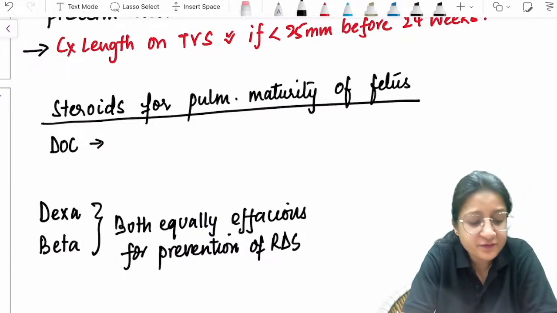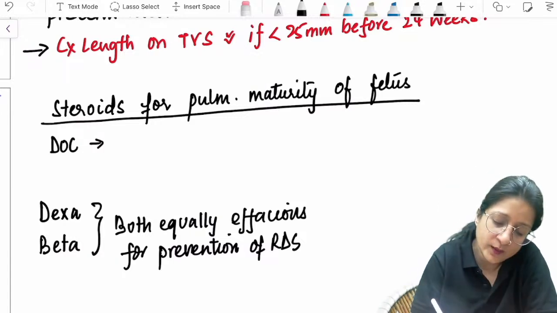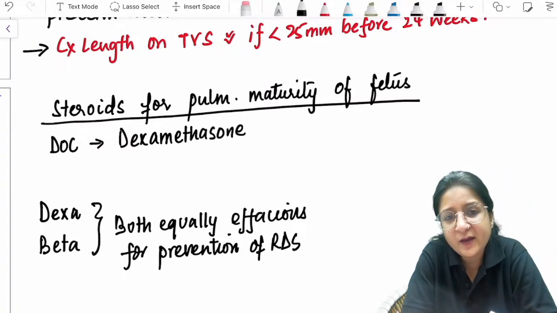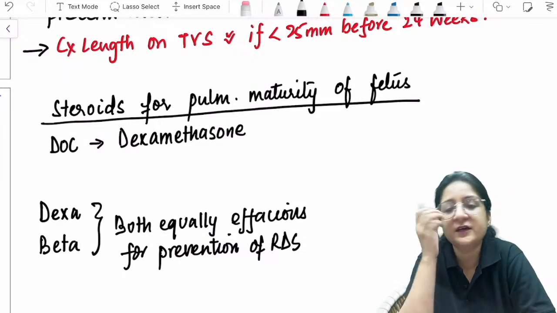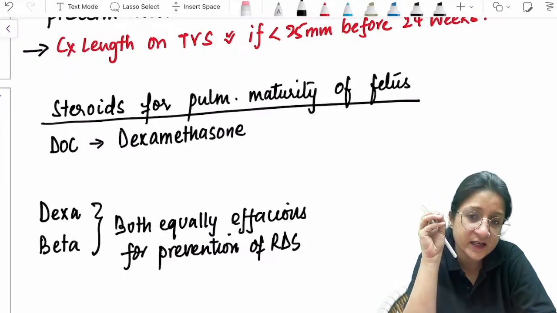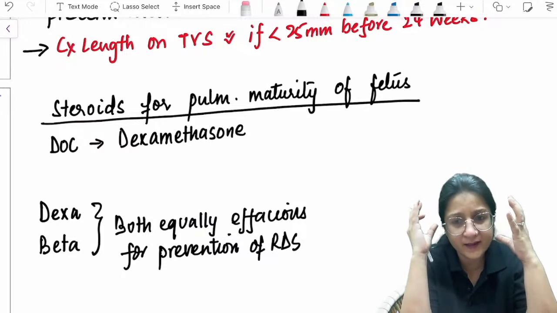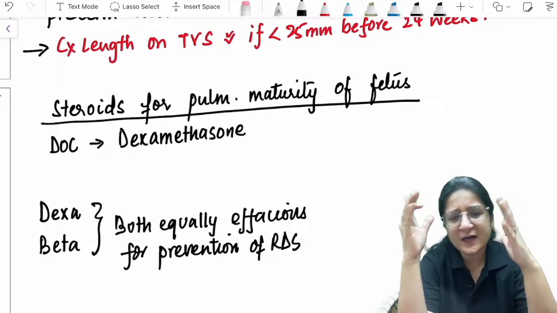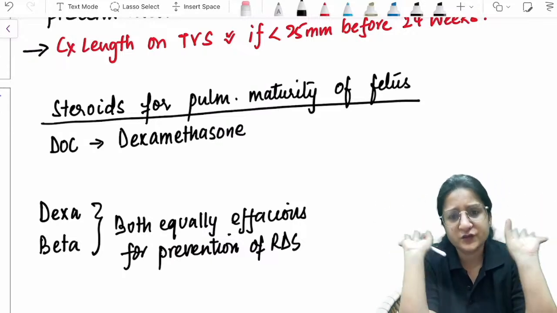The drug of choice, if you have to pick one, you will pick dexamethasone. Because it is available free of cost in the government supply. We have been consistently using this, so we have a lot of Indian data also supporting that it is very, very efficacious. And for us, dexamethasone is the drug of choice.